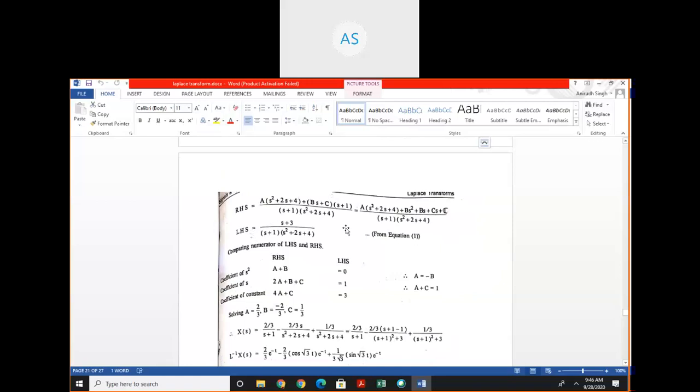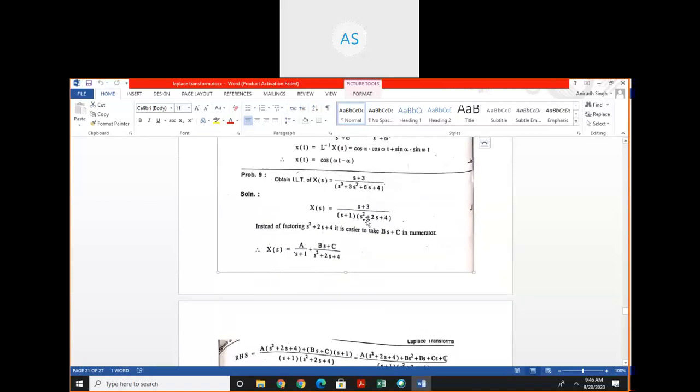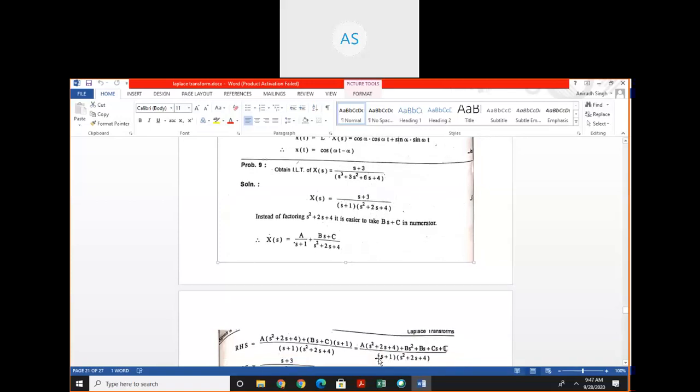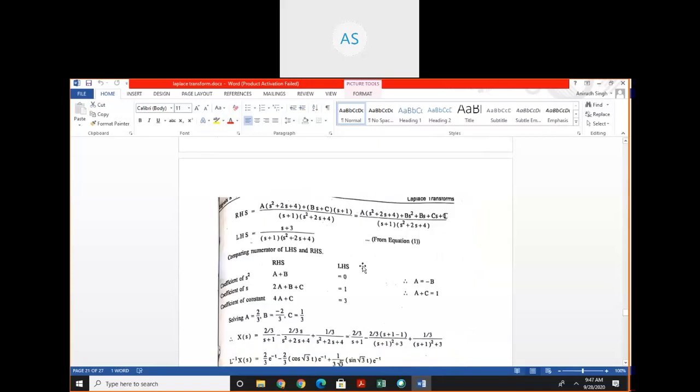Either you can calculate the roots of this, then make partial fractions, calculate the value of the coefficients, then take the inverse Laplace transform, or for the quadratic term you can write it this way. X of s is written in partial fraction form as a divided by s plus 1, and for this quadratic term you can write bs plus c divided by this quadratic term.